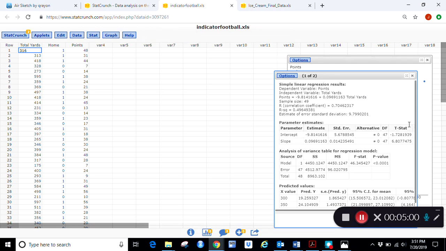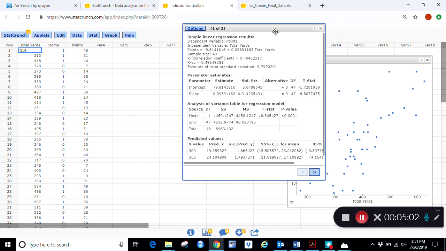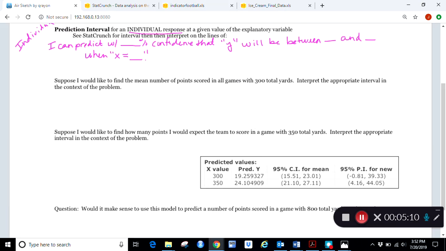Then I'm hitting compute and I get the same information that we had before, but I now have these additional values down here that I've just put here for us. So here's the two different values of x, the 300 and the 350. This pred y that you see, that's just y hat.